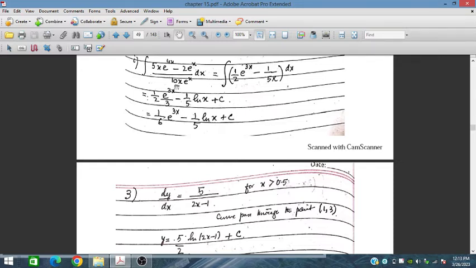On multiplying the 3 with the 2, we have 1 over 6 e power 3x minus 1 over 5 ln x plus c.